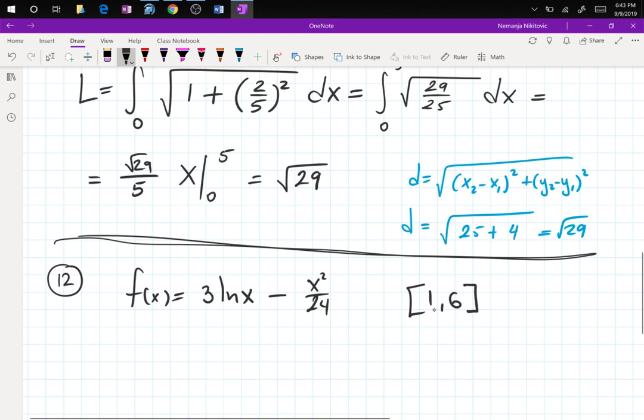So those are your A and B, your x1, x2. A and B are 1 and 6. So this is the problem. Problem 12.